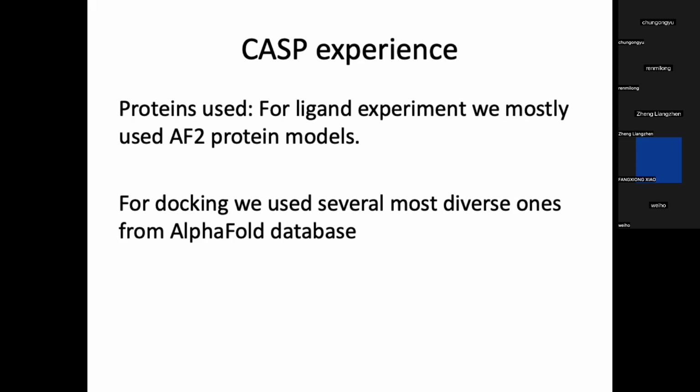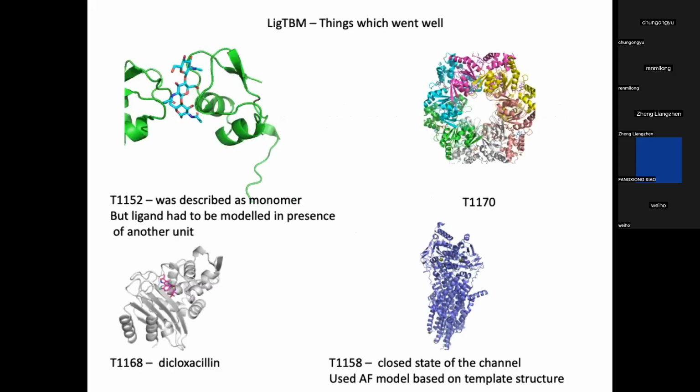Before AlphaFold, we built models based on particular templates, and I think for one case we did that, but we didn't do it systematically. So we just took raw AlphaFold models. For docking, to seek some consistency, we docked to several structures which are most diverse, as in this one example.